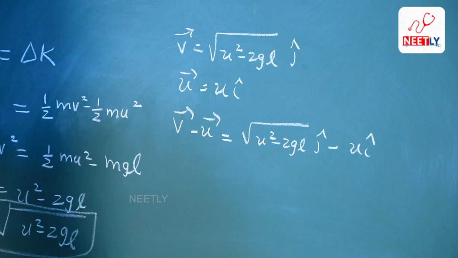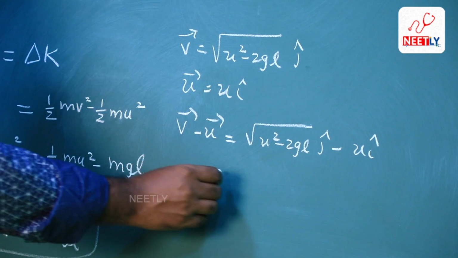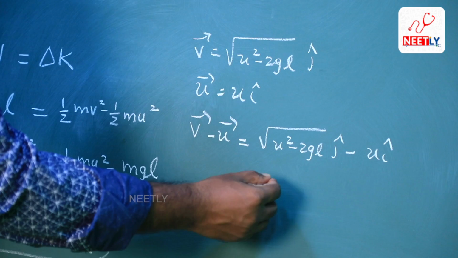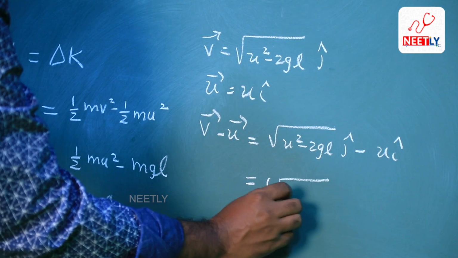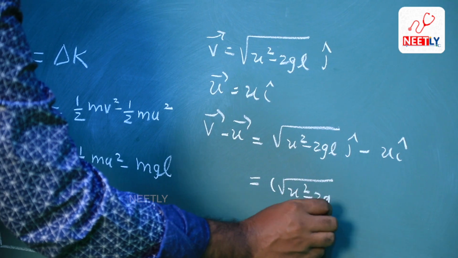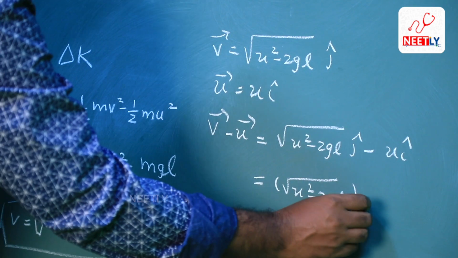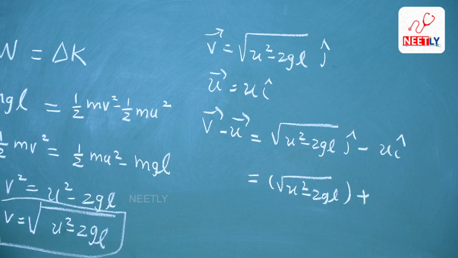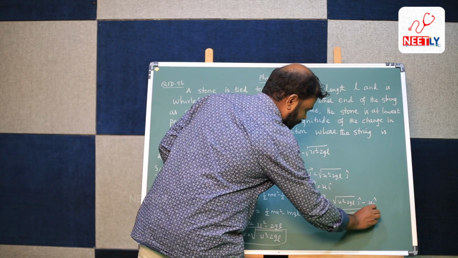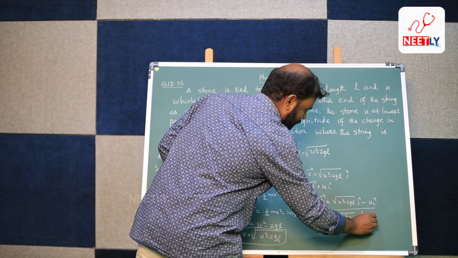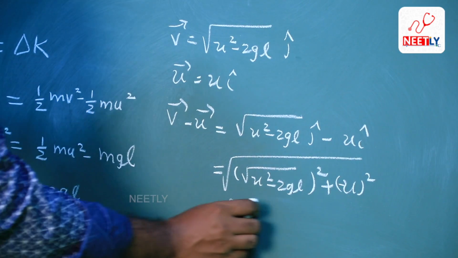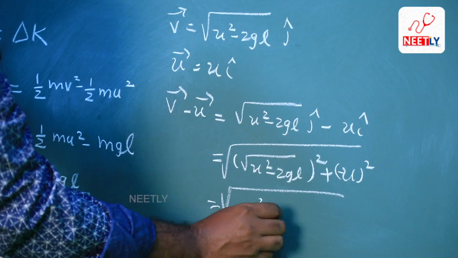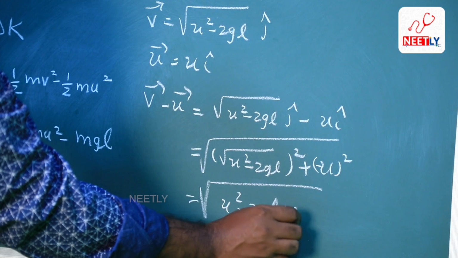If you find the magnitude, you have to square: square root of u squared minus 2gL, whole squared, plus minus u, the whole squared. So, overall we get u squared minus 2gL, and this is u squared.